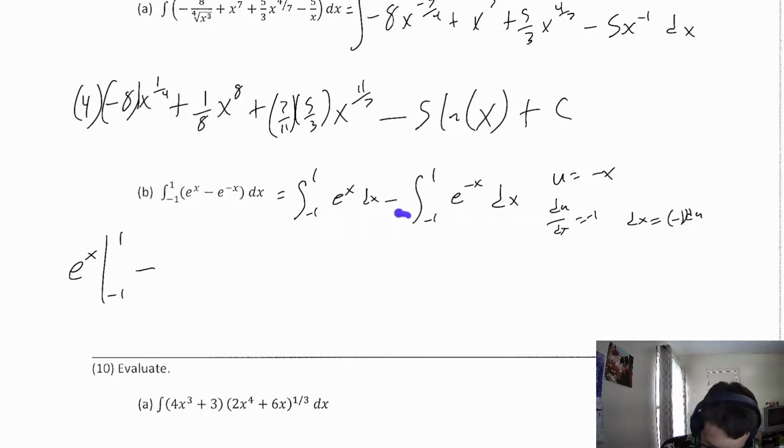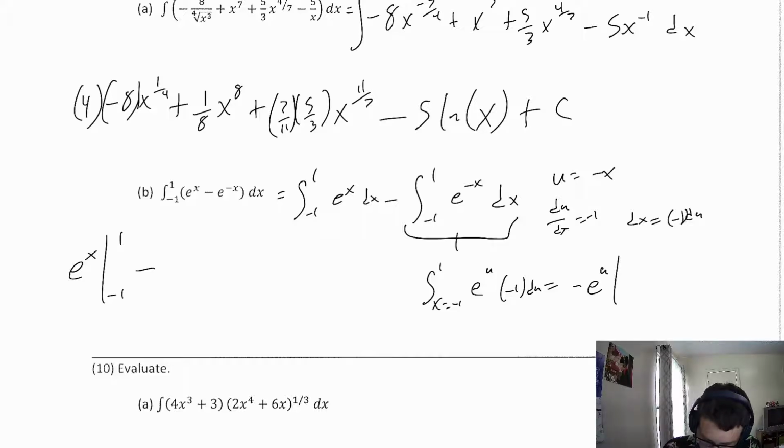So this becomes the integral as x goes from minus 1 to 1 of e to the u times minus 1 du, which is minus e to the u, evaluated as x goes from minus 1 to 1. And so let's write that over here. So we have minus e to the u, evaluated as x goes from minus 1 to 1. But of course, u is minus x.